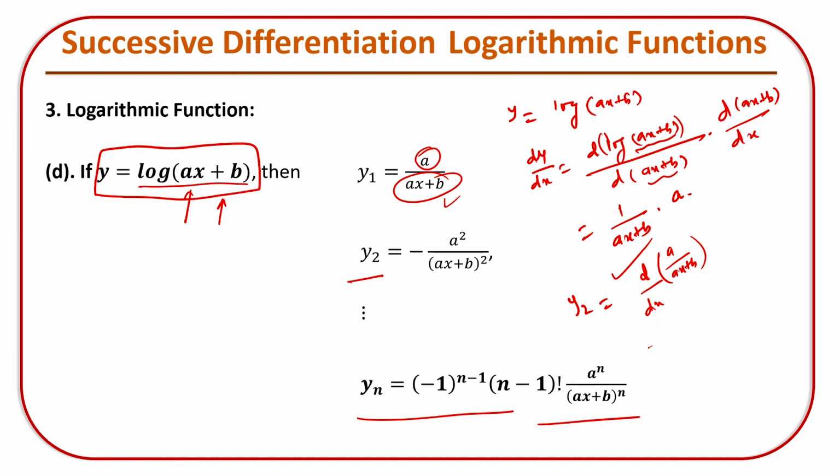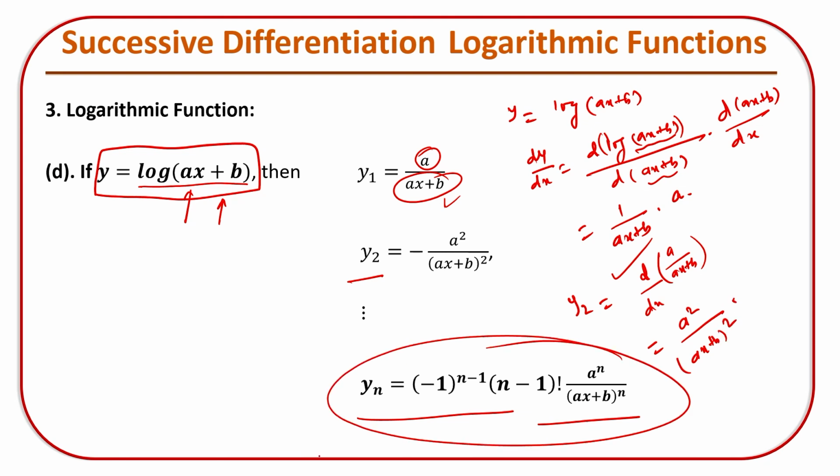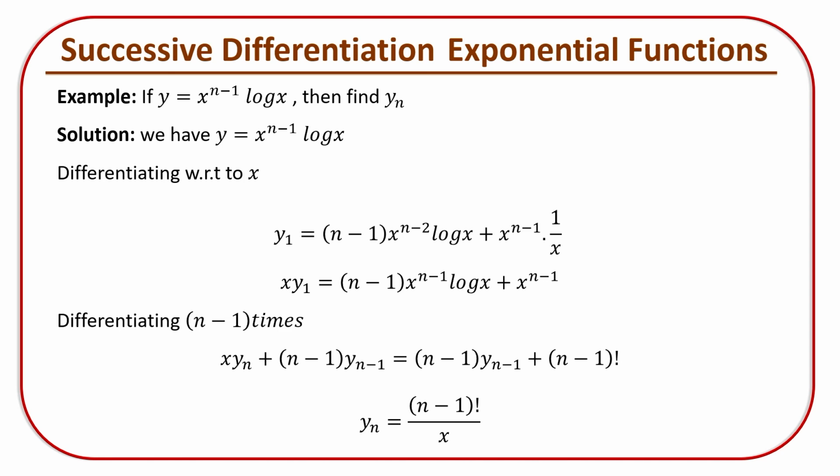So this will give you minus a square divided by ax plus b whole square. In a similar manner, y of n equals minus 1 power n minus 1 into n minus 1 factorial, into a power n divided by ax plus b power n, right?